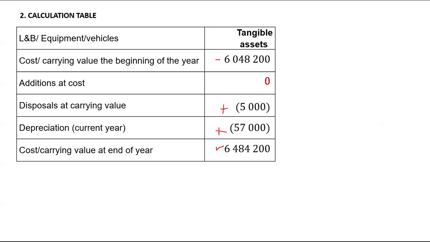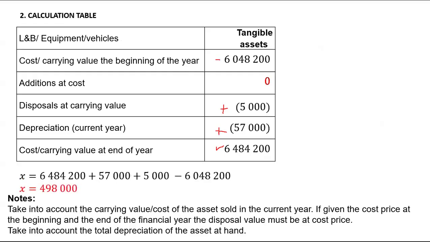And that'll give you additions. And your additions here, guys, please note that you show it without brackets because it's additions, it's increasing a tangible asset. It'll be 498,000.